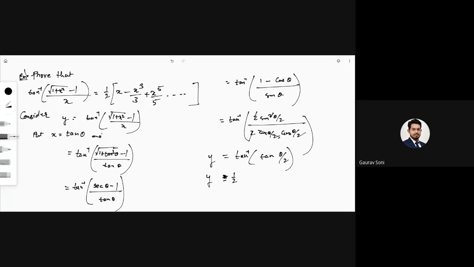Theta is equal to tan inverse of x. So y is equal to 1 by 2 tan inverse of x. We have the series of tan inverse of x, which is x minus x cube by 3 plus x raised to 5 by 5, and so on.